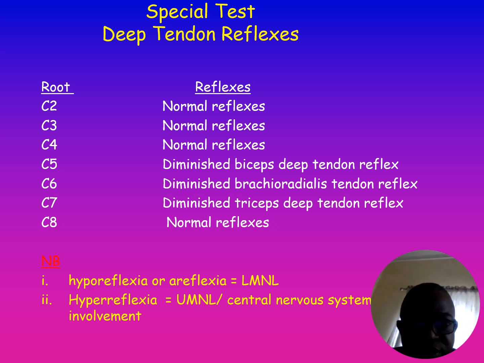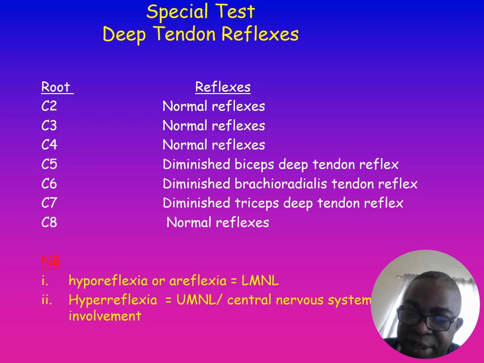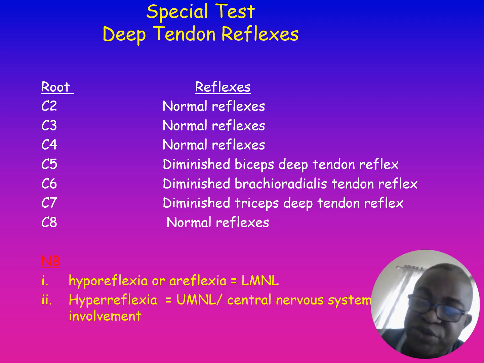C5 is the one responsible for the bicep tendon reflex. So if you test the bicep tendon reflex and it's sluggish or absent, it could be because there's compression on it. But if you test it and it's exaggerated above normal, it could be because there's an upper motor neuron lesion.